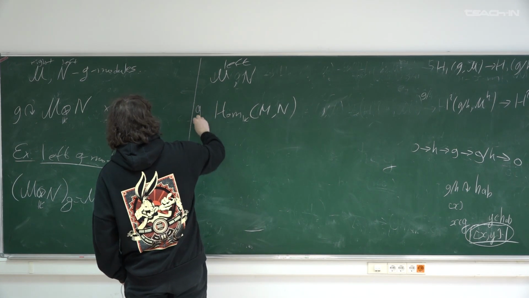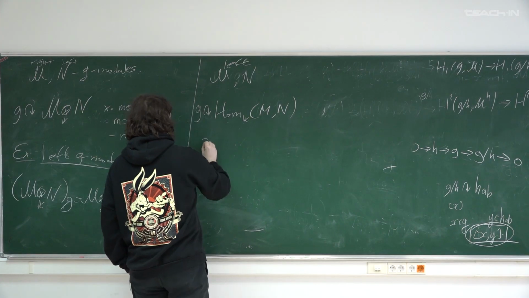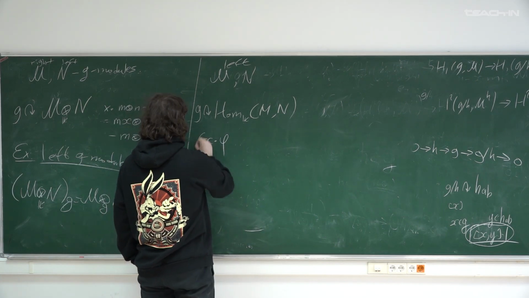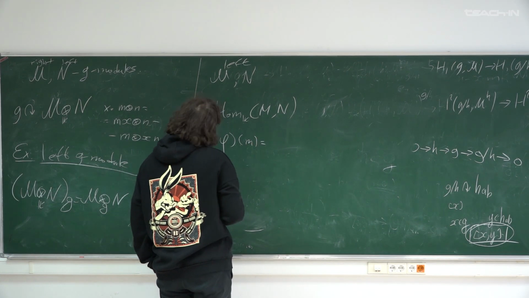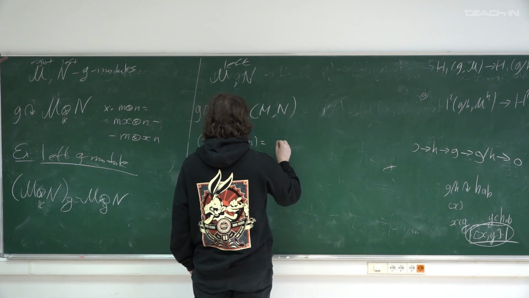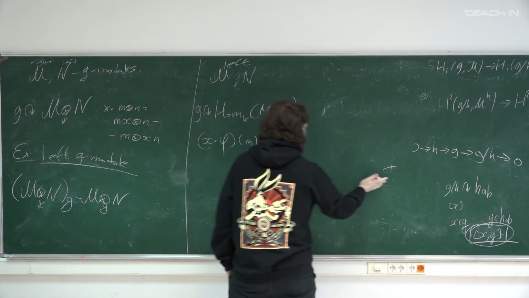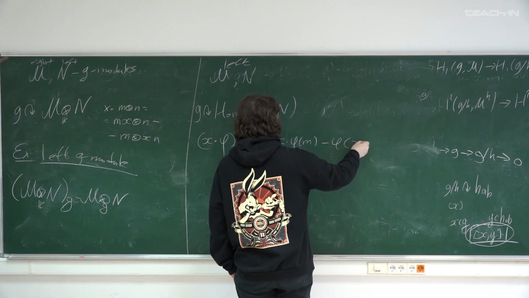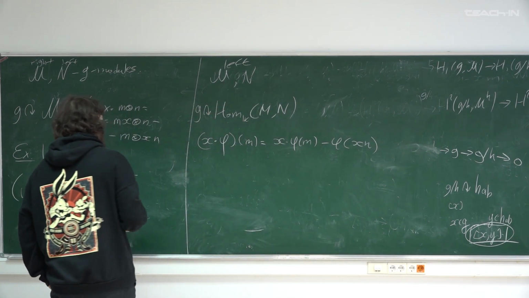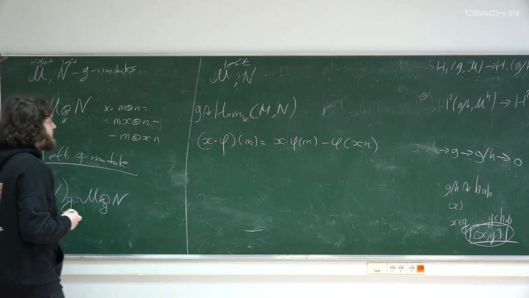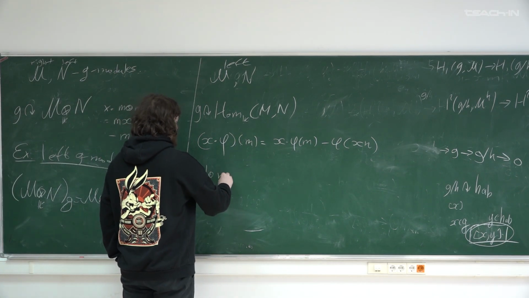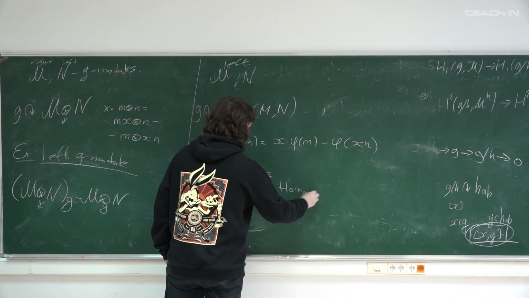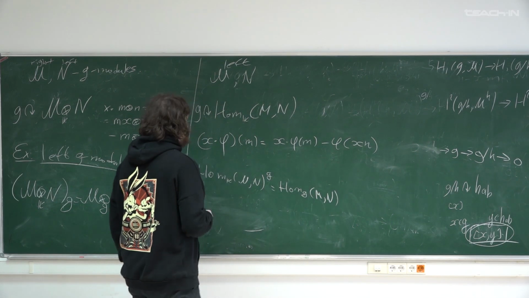And again, we have a left G action by the following rule: phi acts on M by this rule. Again, it's an exercise to check that this is a left G module structure, and the invariants are now the G module maps, the G module Hom by definition.